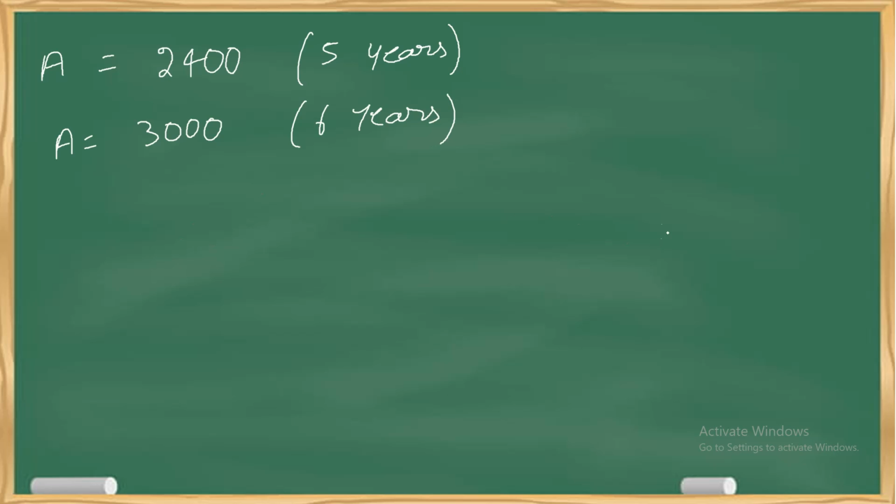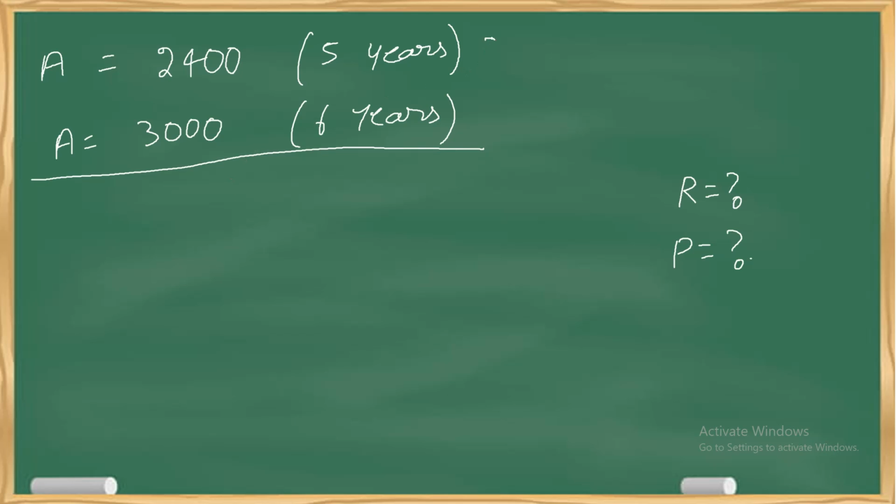Then they will ask you what is the rate of interest, or what is the principal amount. I am not explaining the complete problem here, I am just trying to explain. So how to solve this question?